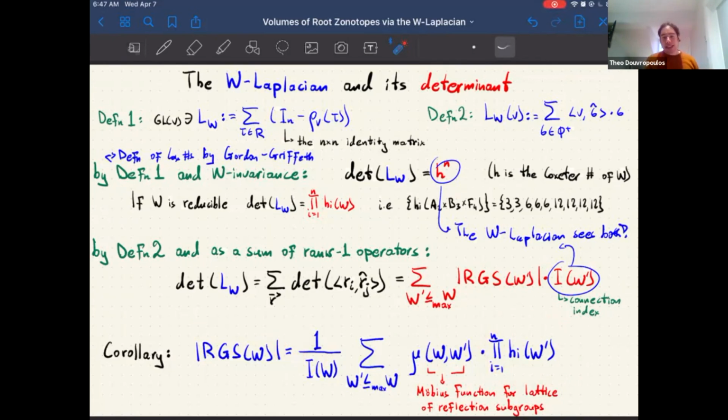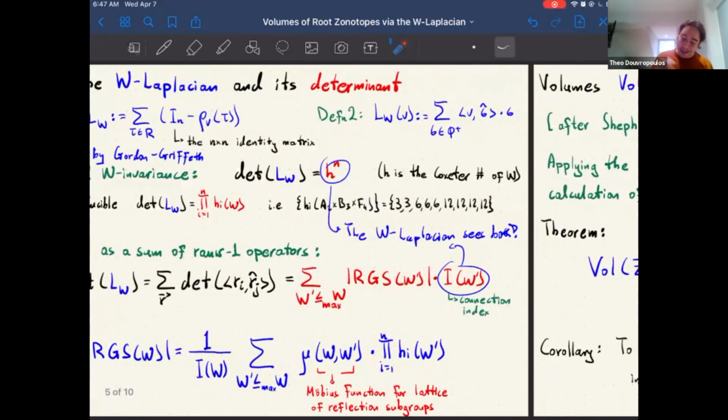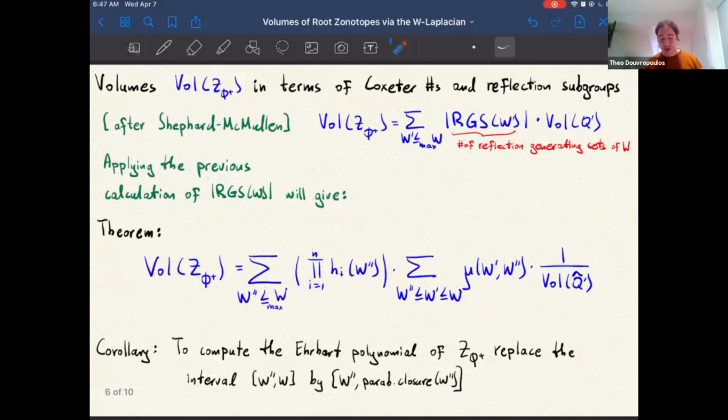Yeah, it's a little bit surprising, at least to me, because of the Coxeter numbers appearing. There isn't a canonical way to think about it until you see the W Laplacian. After you see the W Laplacian, it's fairly straightforward. Okay, I was not aware. I don't think there was something written down for reflection generating sets. Again, it's one of those quantities that maybe has been computed, but it's a bad number, so it's difficult to get nice formulas for bad numbers.